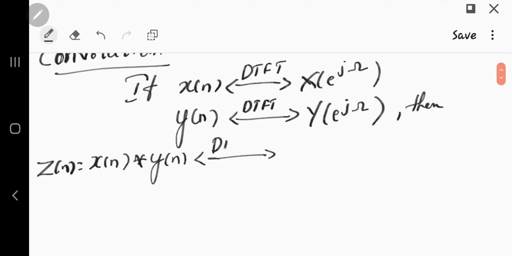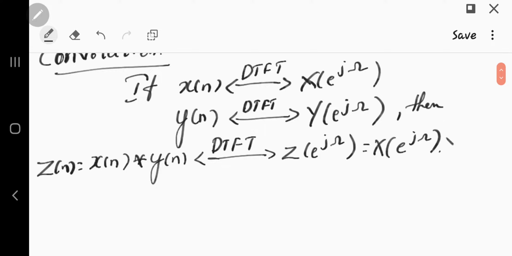So this gives Z of e power j omega is equal to X of e power j omega into Y of e power j omega.